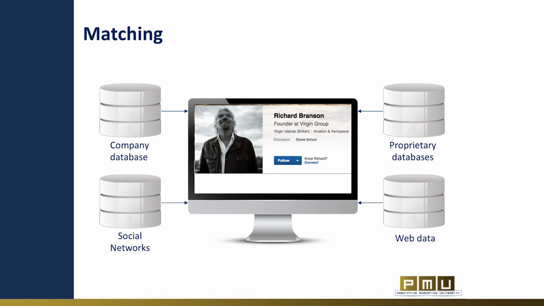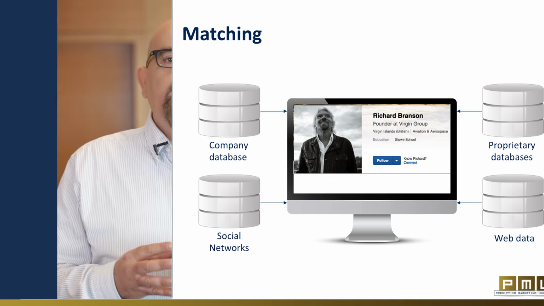Matching is a critical process because if we are unable to link online data with our company data, all our crawling and mining were in vain. Therefore, you need to make sure that you can get a very high matching rate so that you will end up with a robust database that is ready to be applied in your predictive model.